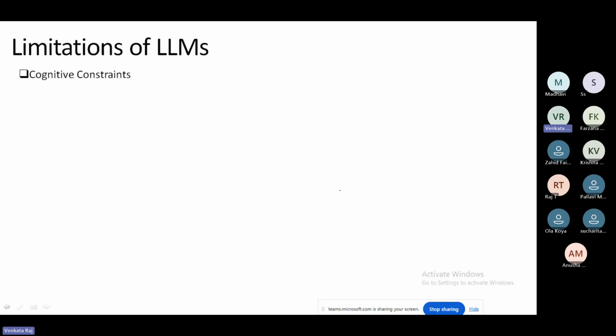So please remember this: understanding with the help of the human brain is far, far ahead of the AI models we have today. The AI models have this cognitive limitation. They do not have the ability to think and take independent decisions.